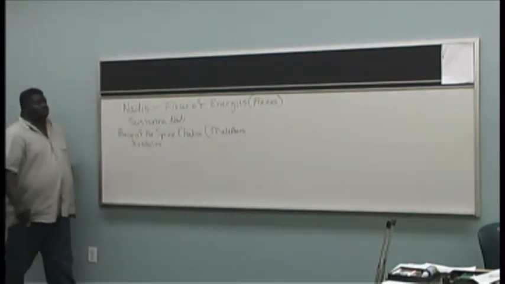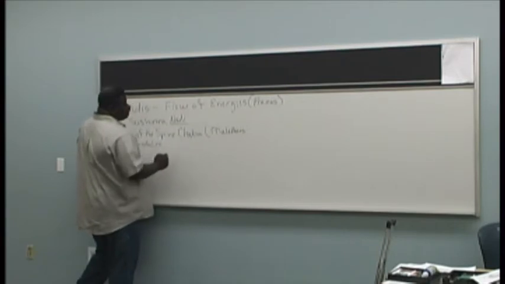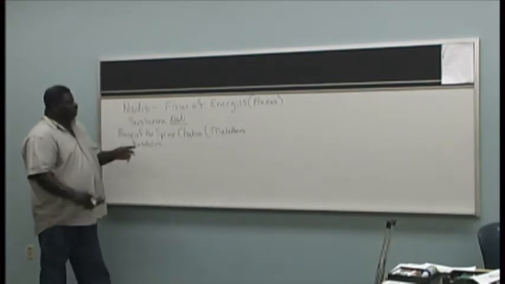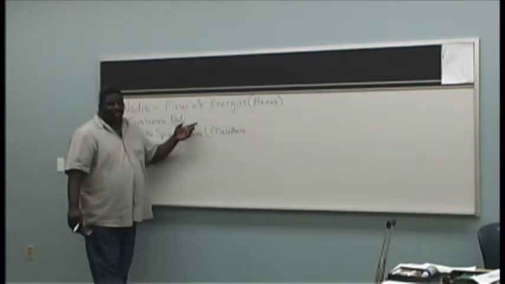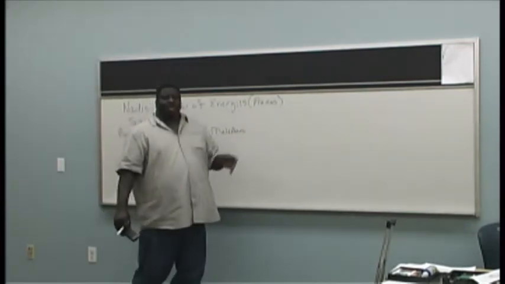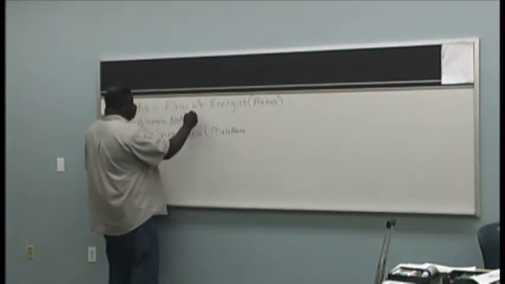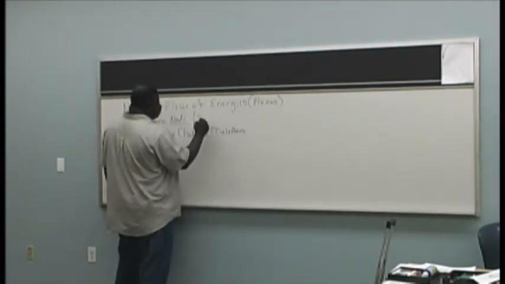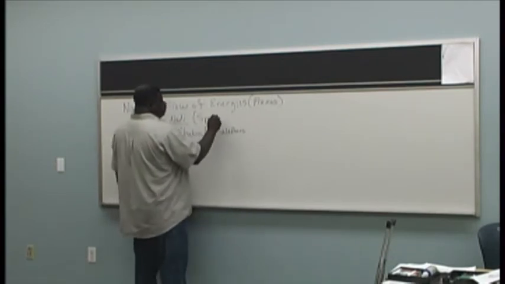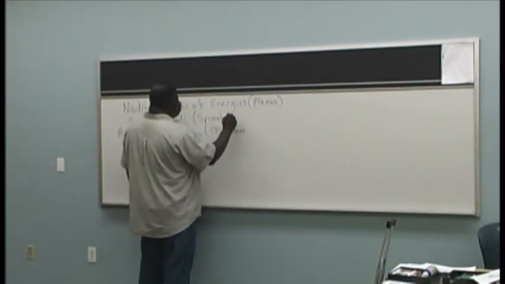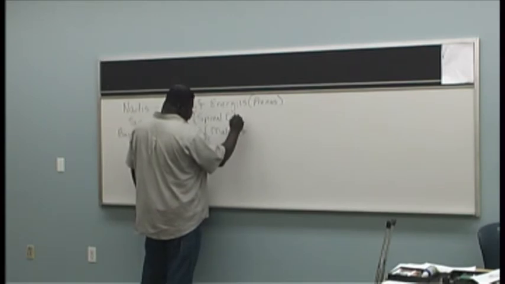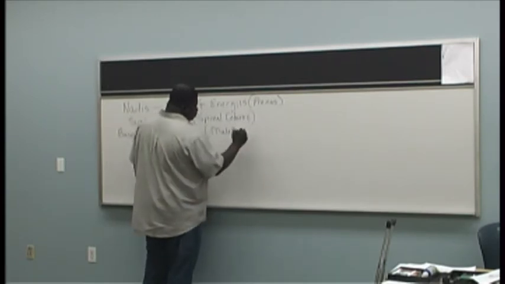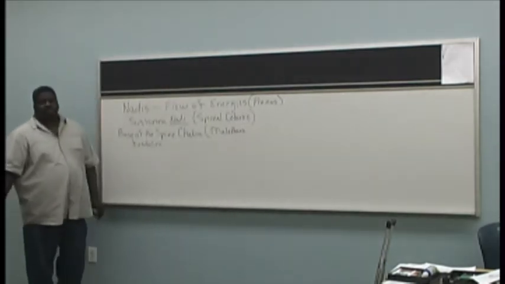Okay. So the Shushumna Nadi is the little tiny space that's in what? The spinal column, right? That's how we describe it, at least. Right?